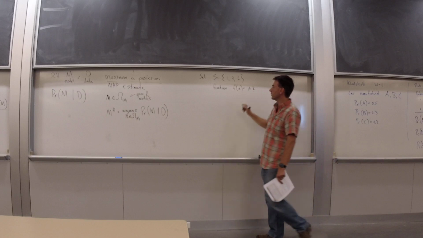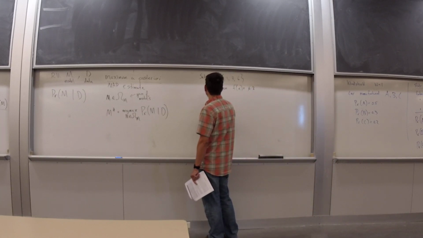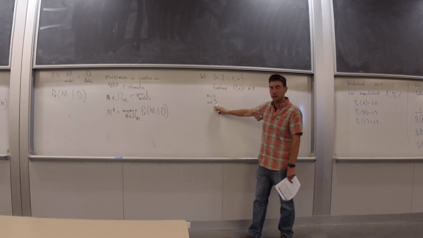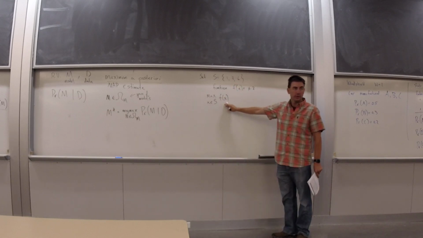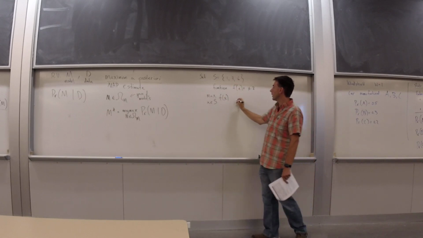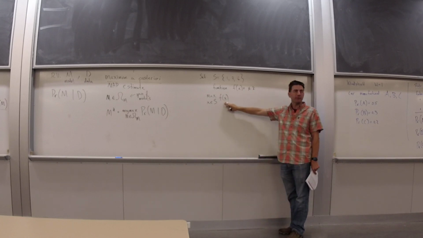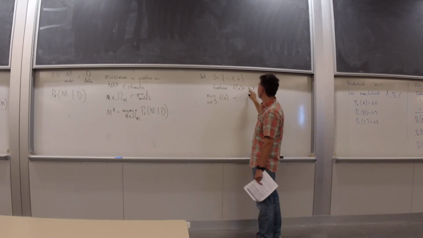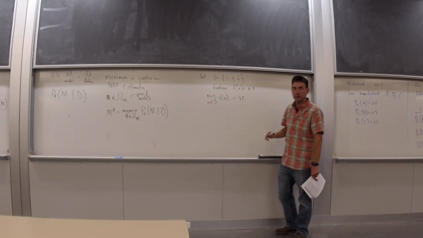The max over the set S of f of x returns the maximum value this function can take. So this is going to be 6 times 2, which is 12.